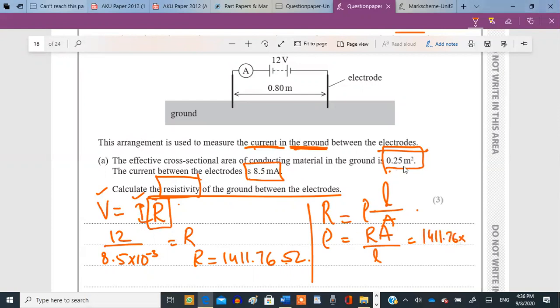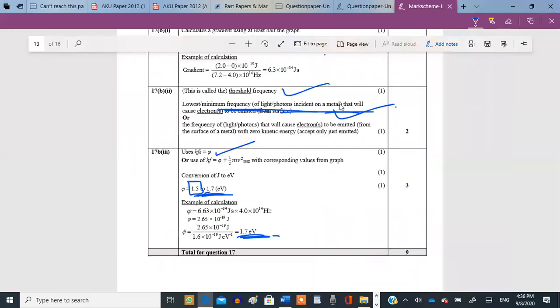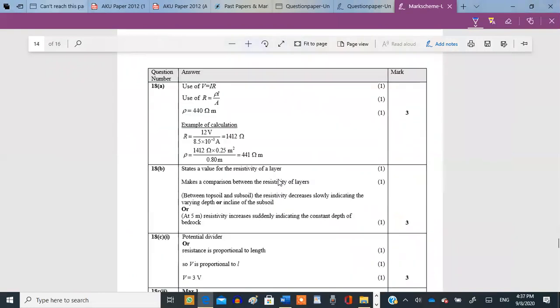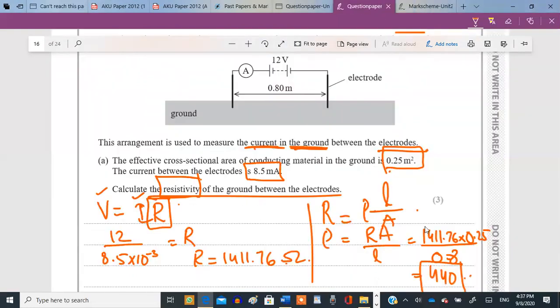You multiply it with the cross-sectional area, which is 0.25, and divide that by the length, which is 0.8, and the answer turns out to be 441, meaning 440 to two significant figures. Yeah, 441 is the answer, or 440 is the answer. Same thing.